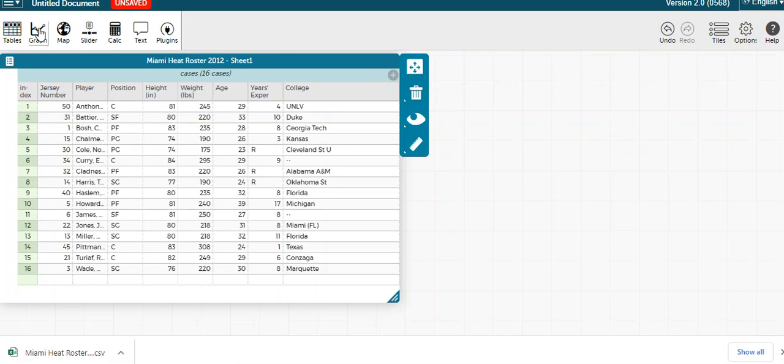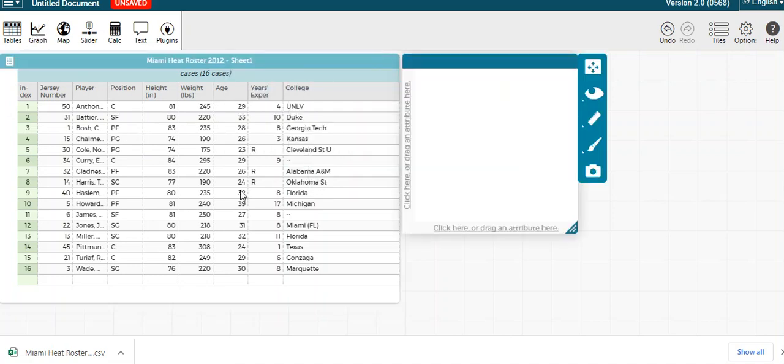All right, so now we want to grab a graph, and we're going to take the height, and we're going to drop it down here in the x-axis, and we see that there's pretty much a range from 74 to 84 inches.